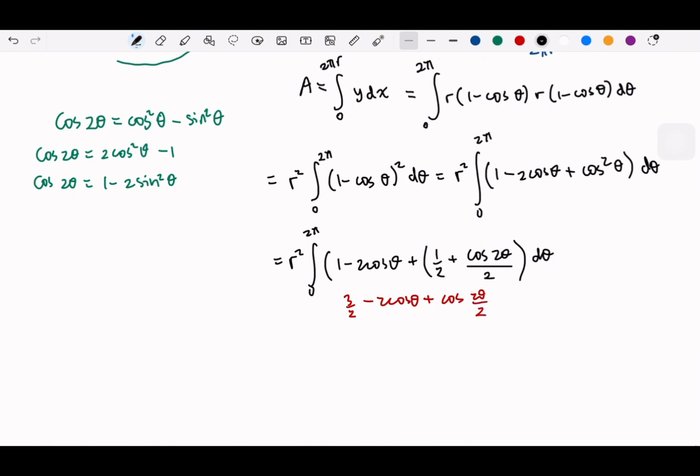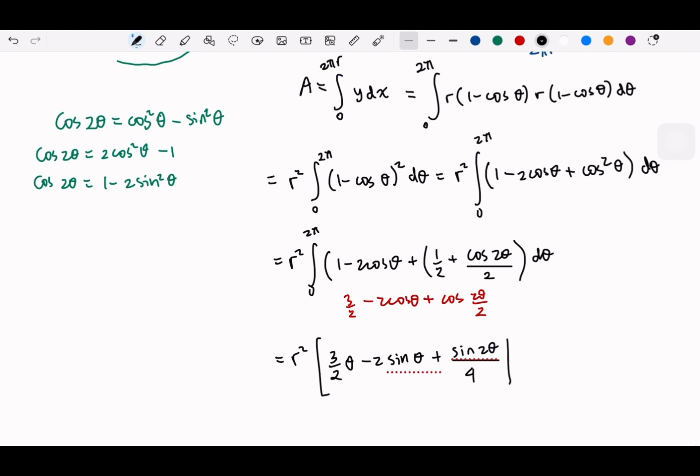Now we integrate this. Negative 2 sine theta, and then the cosine will be plus sine 2 theta over, supposed to be over 2, so over 4, right? Over 2 multiplied by 2 is 4, right?